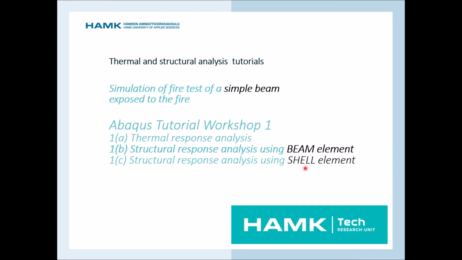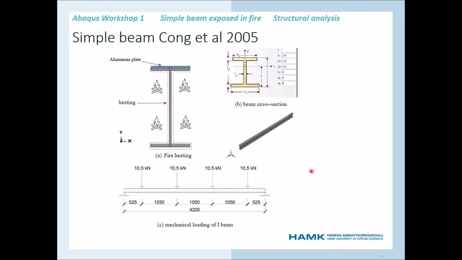But in this tutorial, we are not going to discuss the solid element. And we have the problem description here. A simply supported beam made of I-beam is heated with the horizontal burner on three sides, and four concentrated loads are applied at four points.